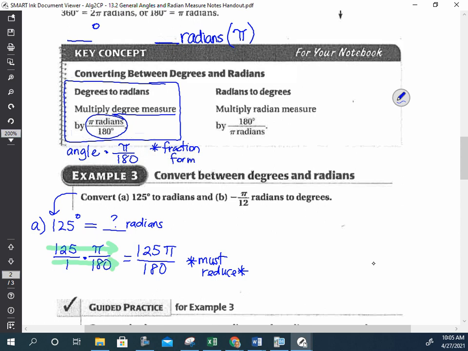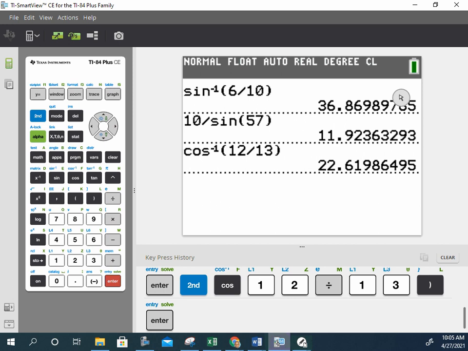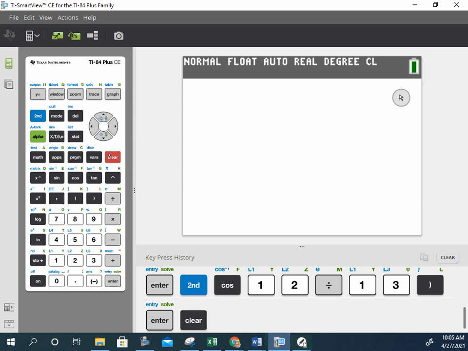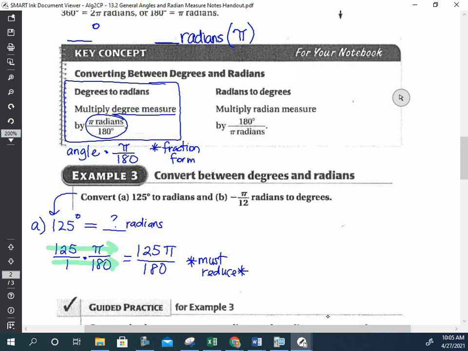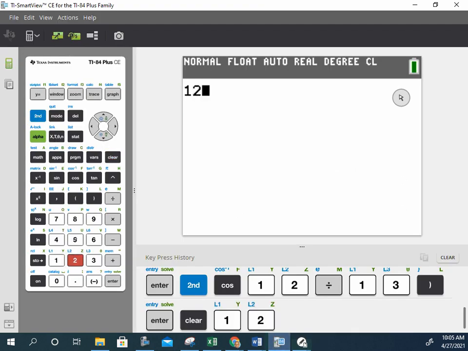For those of you with a scientific or graphing calculator, the calculator will reduce it for you. Here's my graphing calculator. We're going to type in everything but the pi, just the 125 and just the 180. So 125 divided by 180.